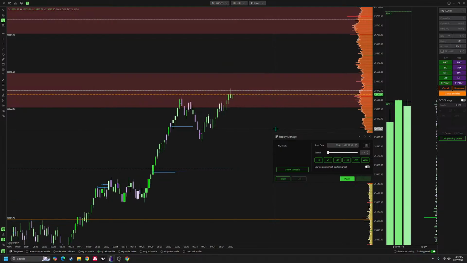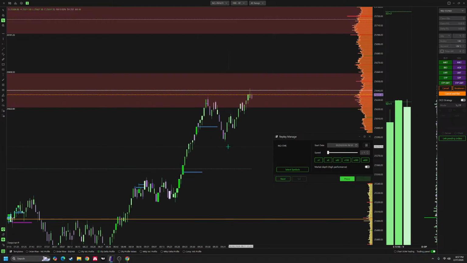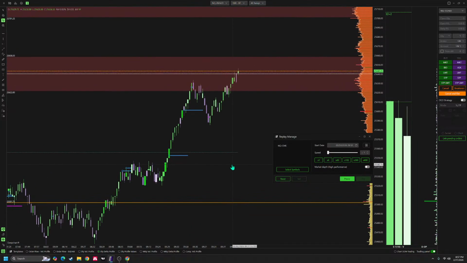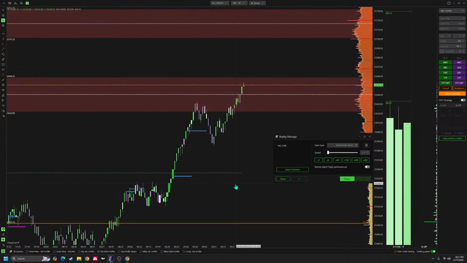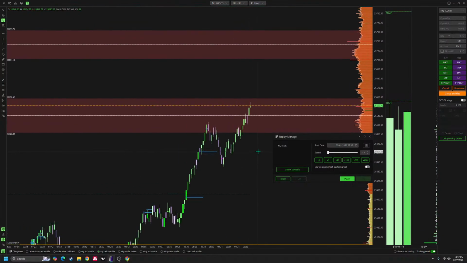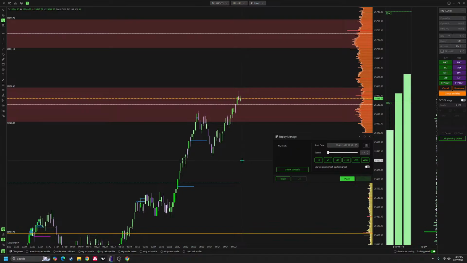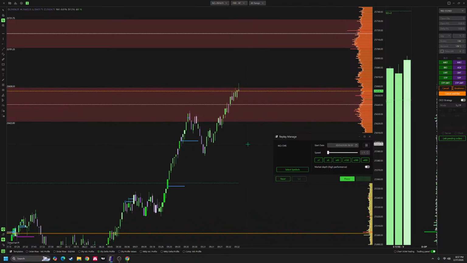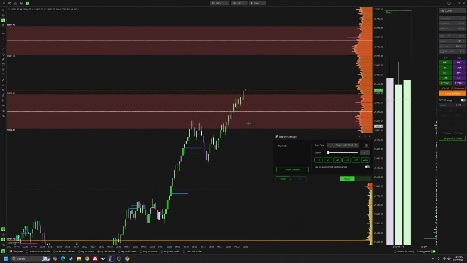Now we're in the middle of that range that I had identified. And we're continuing to push up, starting to find a little bit of resistance, wicking up to the top of that zone. We break through it. Sellers are trying to step in, but price keeps going up.